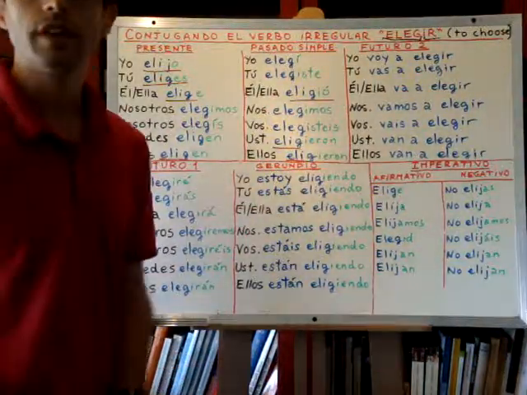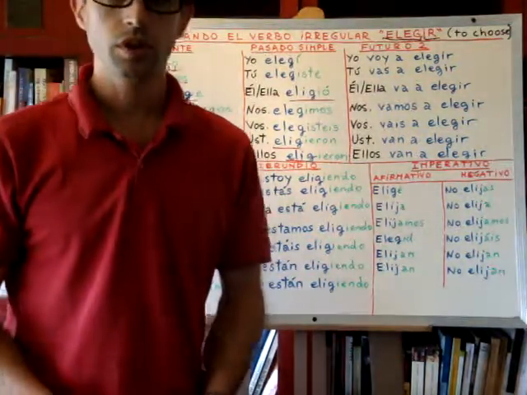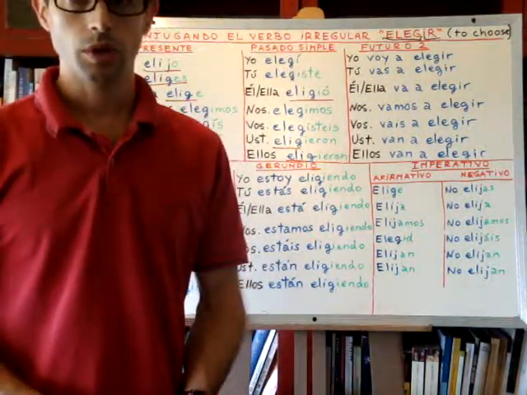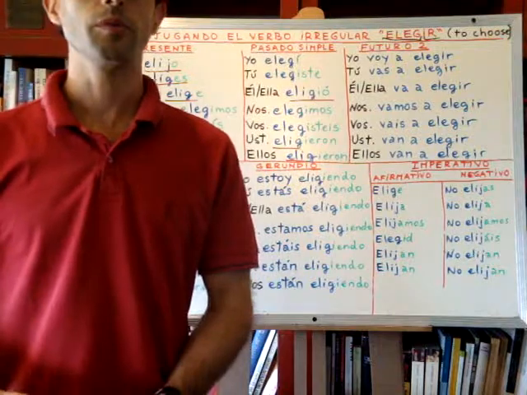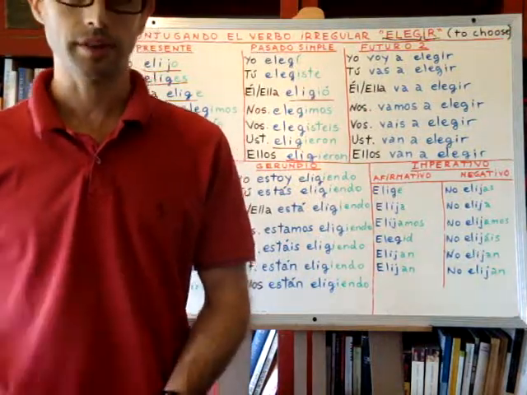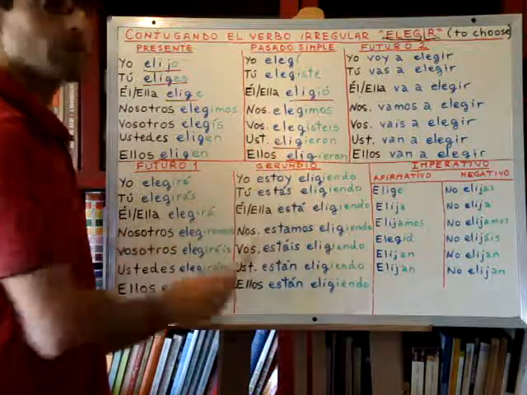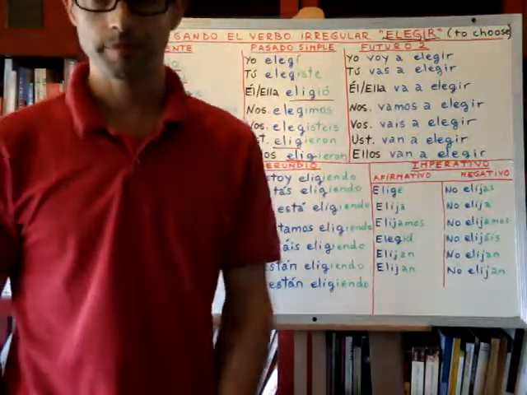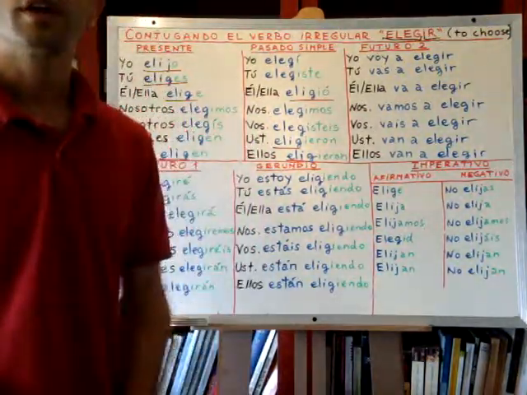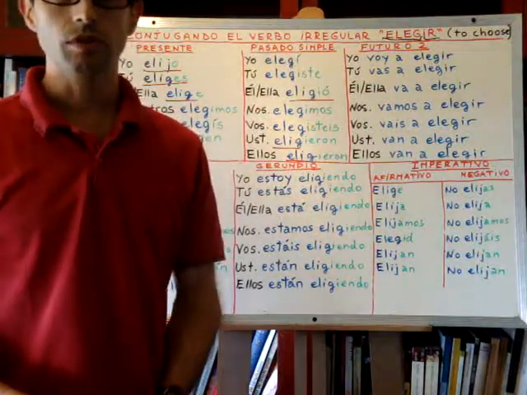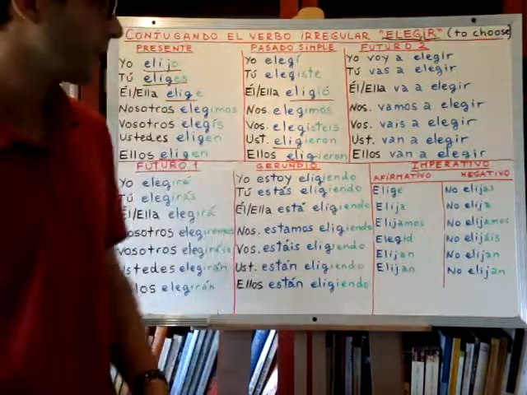If we want to say, they chose to go with dad, in Spanish we would say, ellos eligieron ir con papá. Okay? Or they chose to leave tomorrow.